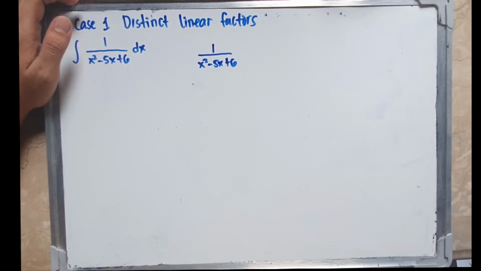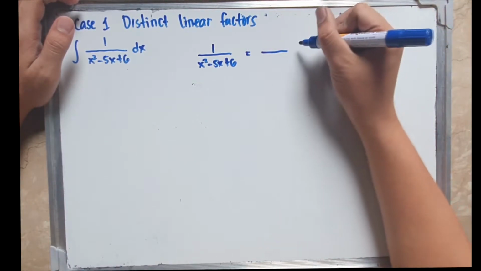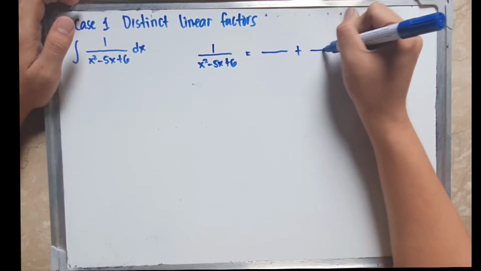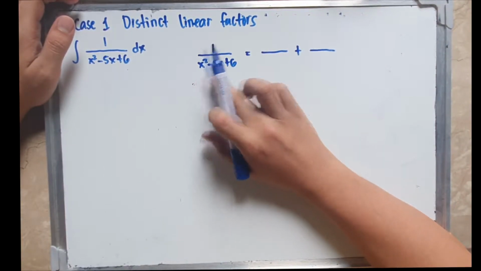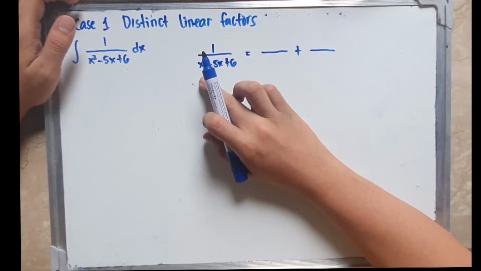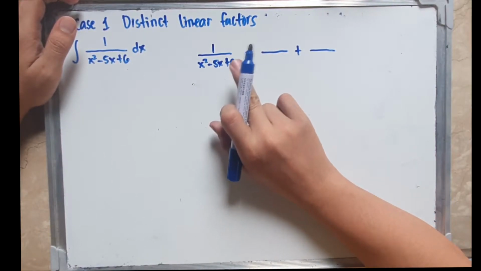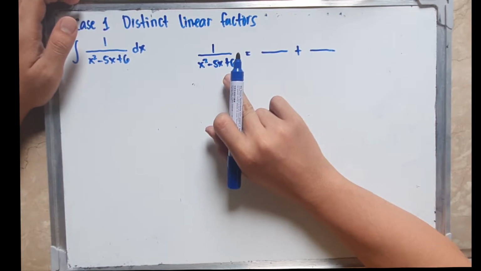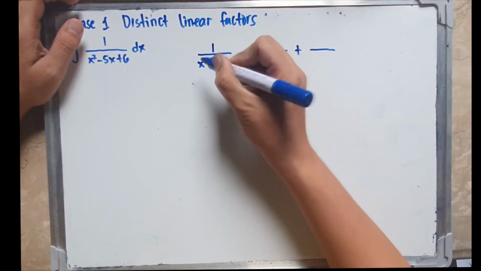That will be equivalent to, notice we could factor our denominator, x squared minus 5x plus 6. So this is equivalent to x minus 3 and x minus 2.